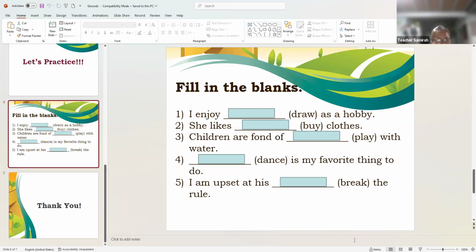Take note. We always use gerund in our sentence, but we sometimes don't know that we are already using the gerund. And what is actually the function of gerund in a sentence? It acts as a noun in a sentence.